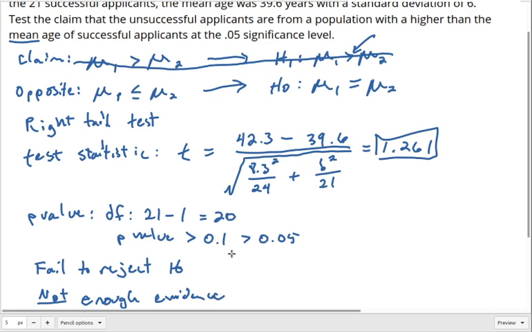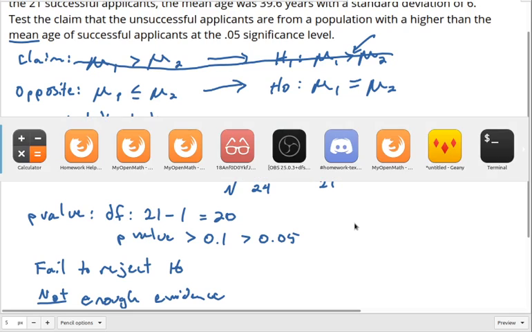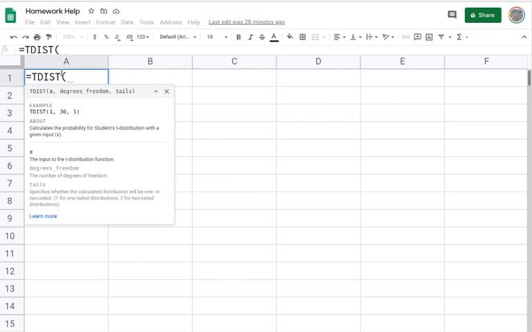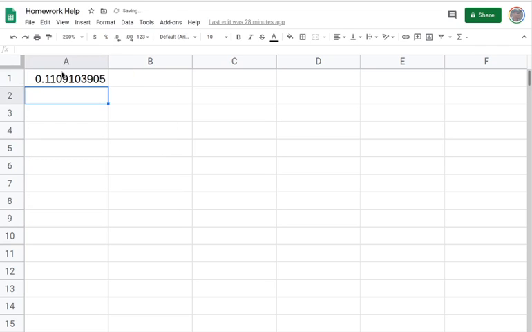Now, if I wanted to use a spreadsheet like Google Sheets instead of the distribution table, I could use the TDIST function, and I'll need my test statistic 1.261, my degrees of freedom 20, and my tails is 1. And that gets me a p-value of exactly 0.1109.